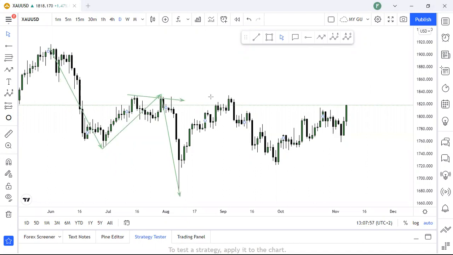This is the high of 2, right? That's a very interesting setup for the coming week. All right, so you have 1, 2, 3, and then the trend reversed.